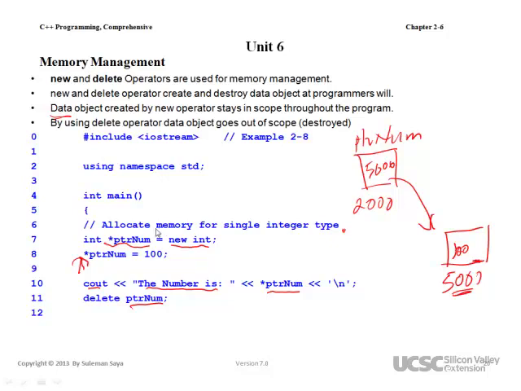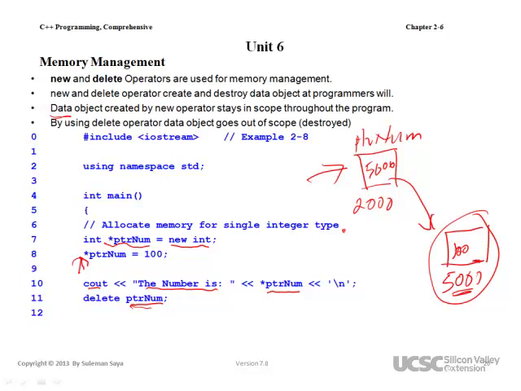Now, please understand, when we use delete ptr num, that doesn't mean that we are deleting this ptr num, this thing. We are not deleting this. This is on the stack. We cannot delete that. But what we are deleting is this memory right here that we allocated. That's what is going to be deleted.